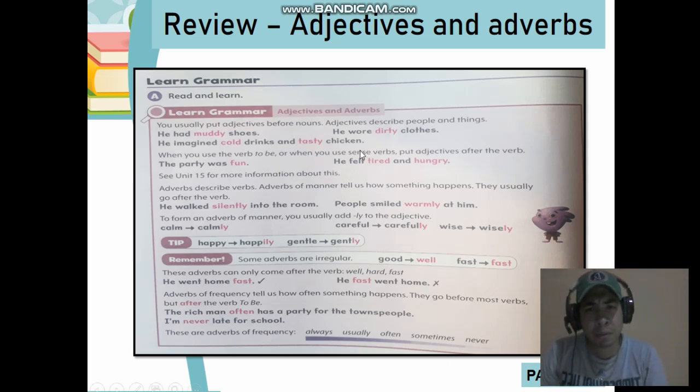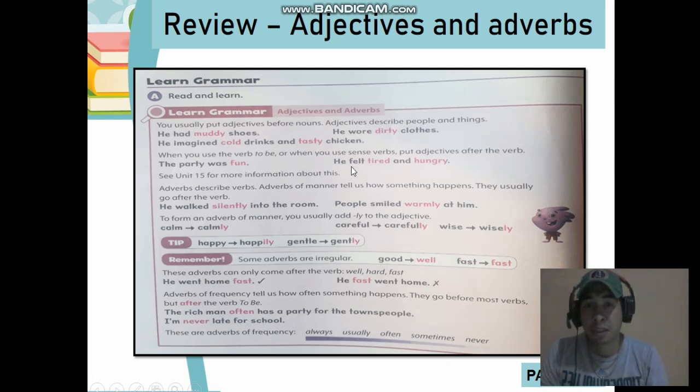Let's see some examples. The party was fun. Fun is the adjective and it comes after the verb be. The party was fun.